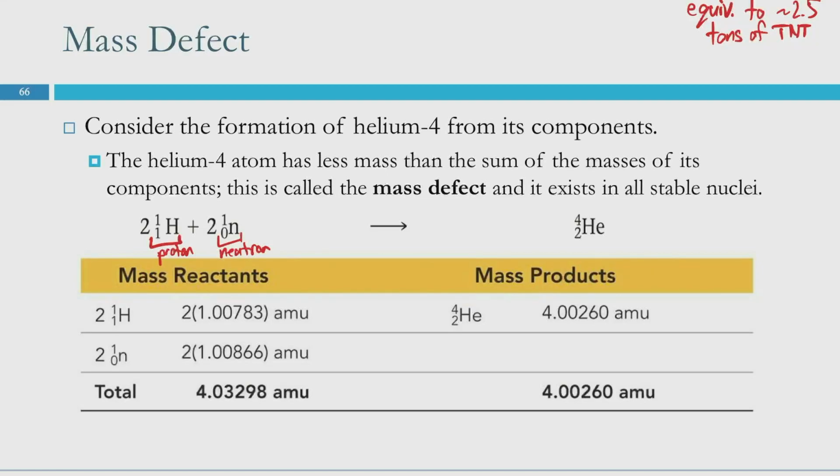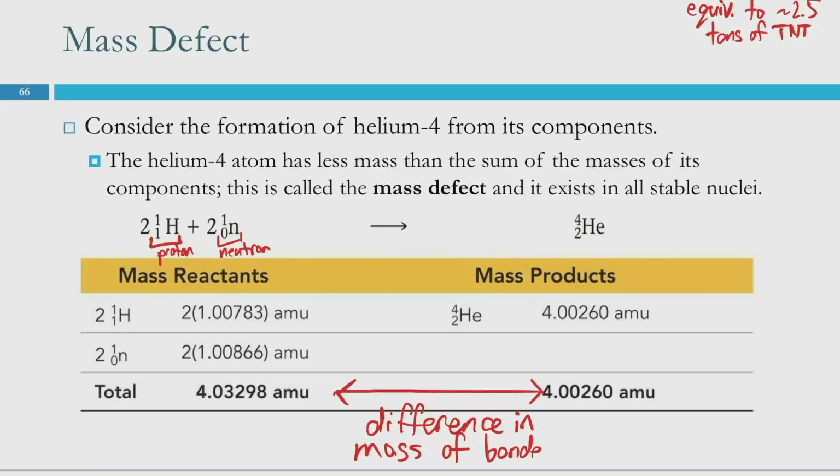So there's a difference in mass of bonded versus unbonded components, and this is what we call the mass defect.